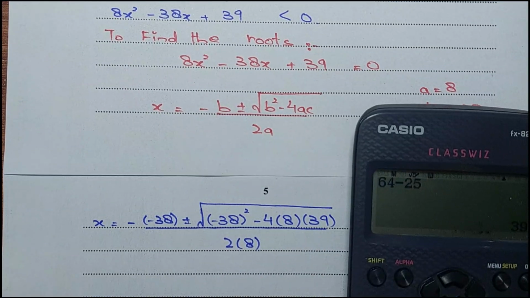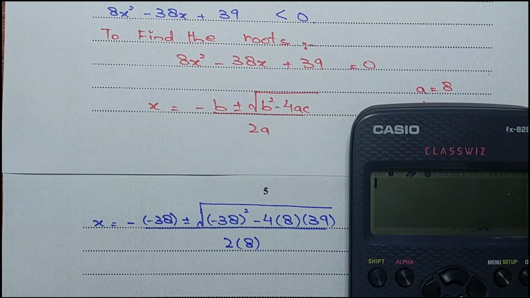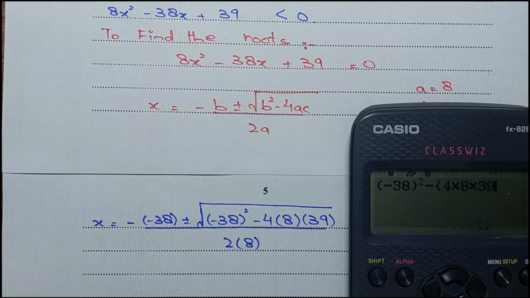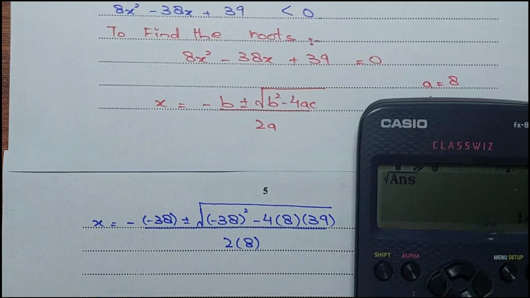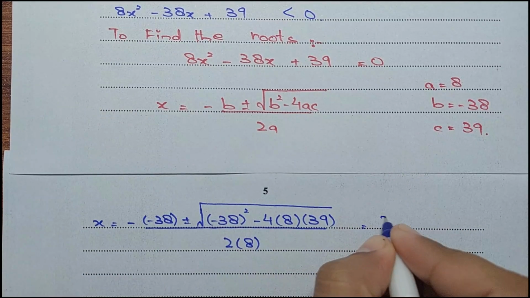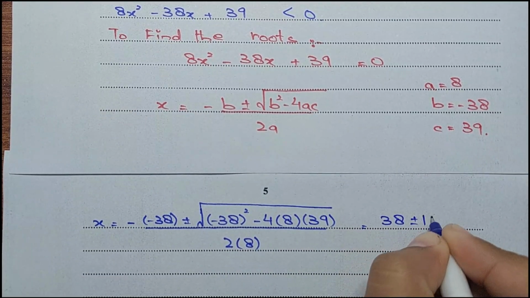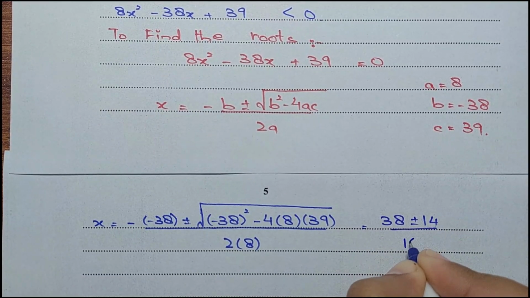Let me simplify the square root first. Minus 38 square minus 4 into 8 into 39, and the square root of the answer is 14, right? So here we have 38 plus or minus 14, and 2 times 8 is 16.